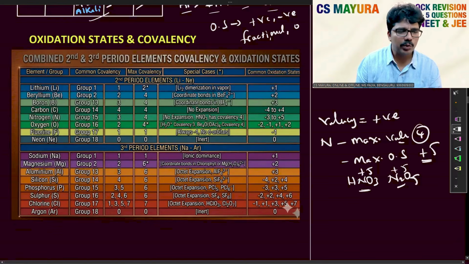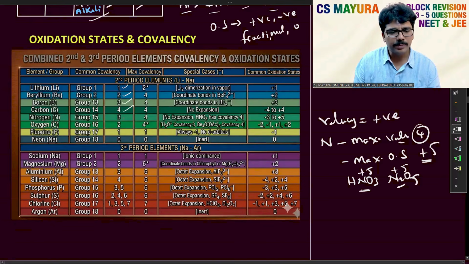So the first group is 1, second group 2, third group 3, fourth group 4, fifth group 8 minus 5, that is 3, sixth group 8 minus 6, 2, seventh group 8 minus 7, 1, and eighth group 8 minus 8, 0. This is the common valency.